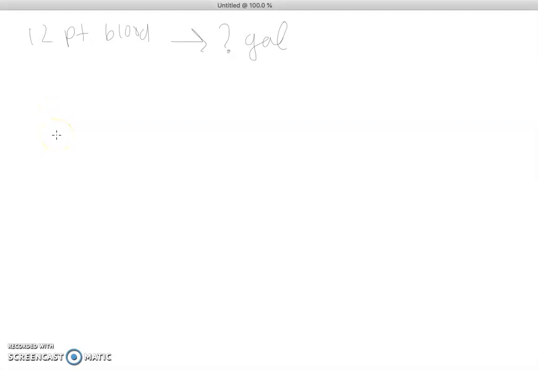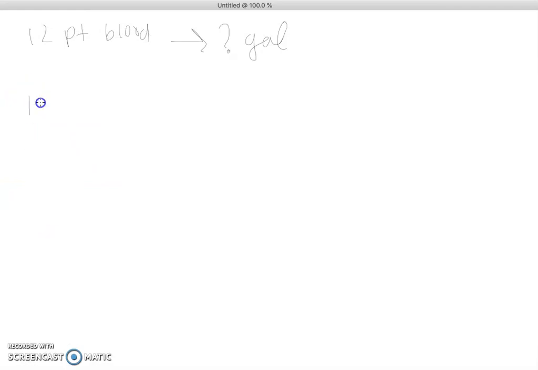So we have to multiply by a conversion factor to convert from pints to quarts to gallons. First we're going to start off with these 12 pints, right? Sorry, this is also a different way to do it in chemistry, but let me just erase this because it might confuse it.